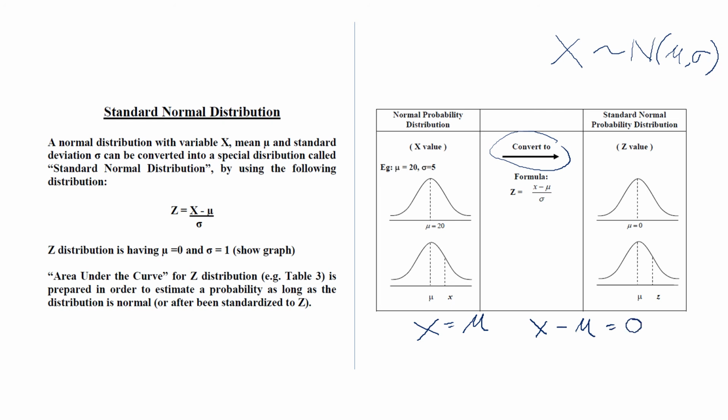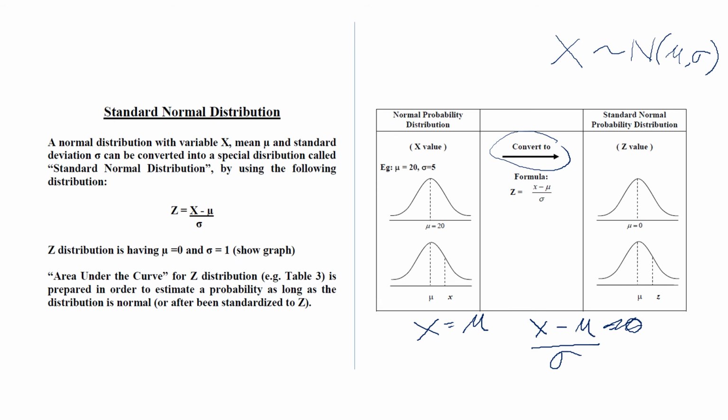And if we divide by the standard deviation, sigma, then we are forcing this quantity to have a standard deviation of 1. This is a linear transformation on the random variable X, and the transformed variable has a mean of 0 and a standard deviation of 1.